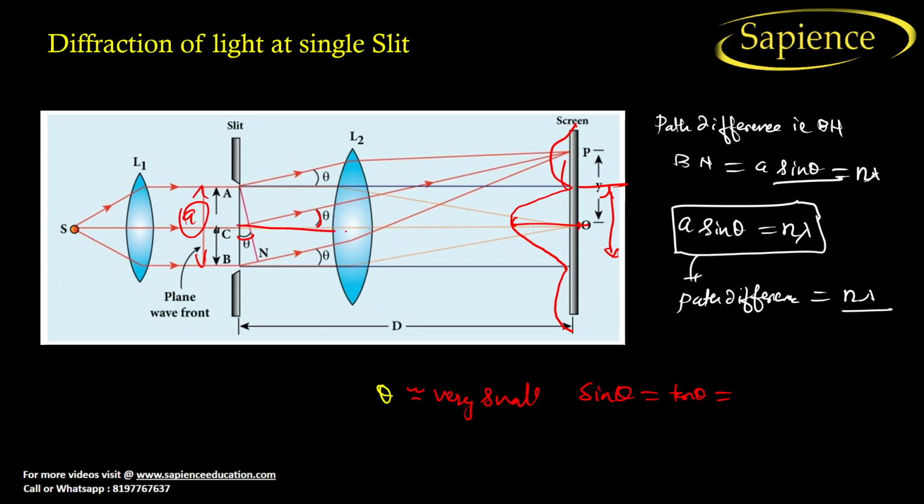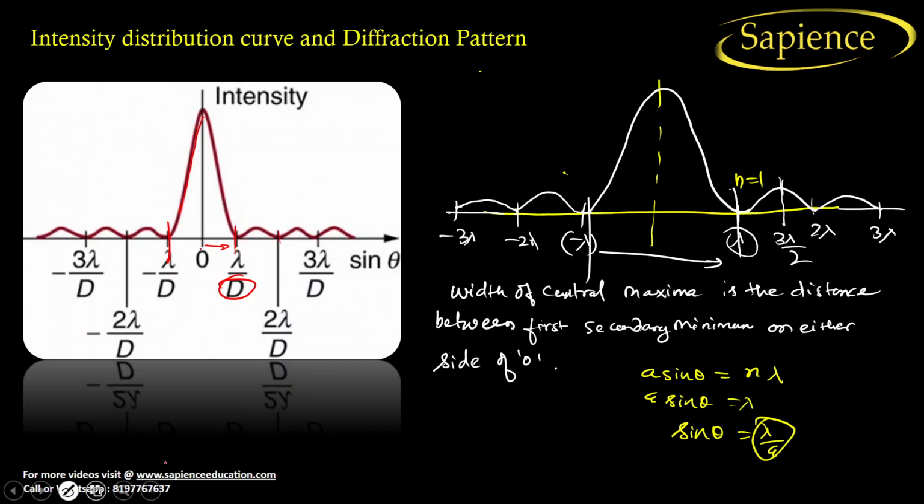If you talk about this triangle, perpendicular by base means y by D. So tan theta is equal to lambda by a, and this is equal to y by capital D. So from here y is equal to D lambda by a.